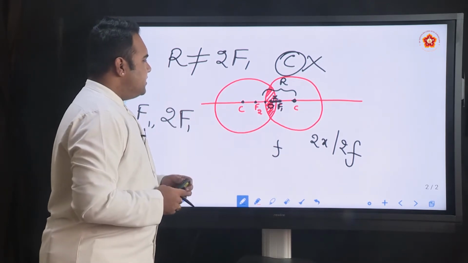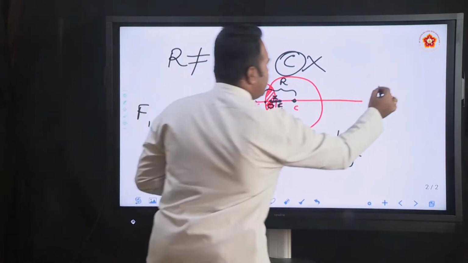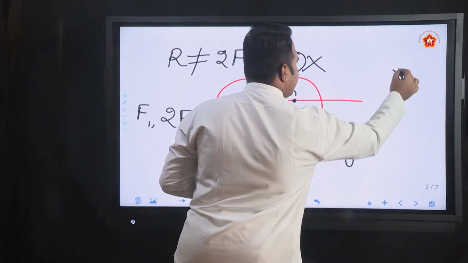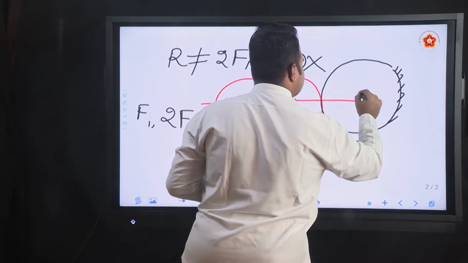Suppose we look at the case of mirrors, what happens? Suppose we take the example of a concave mirror and construct our hollow spherical surface.